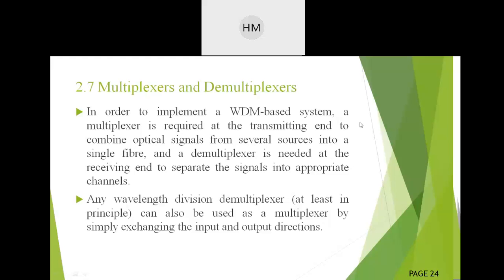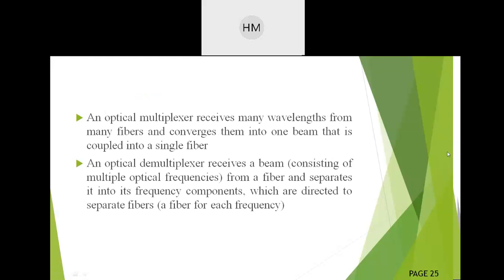Okay, so here to transmit optical light, we will use WDM technology. Any optical multiplexer receives many wavelengths from many fibers. What is the role of the multiplexer? It will receive many wavelengths from many fibers and converge them into one beam that is coupled into a single fiber. All will be coupled together, then they will be transmitted.